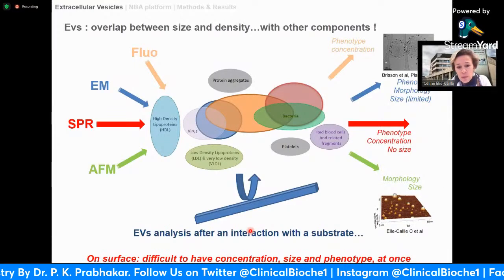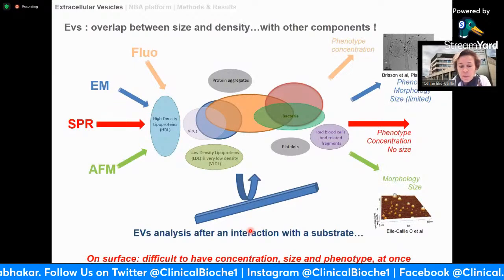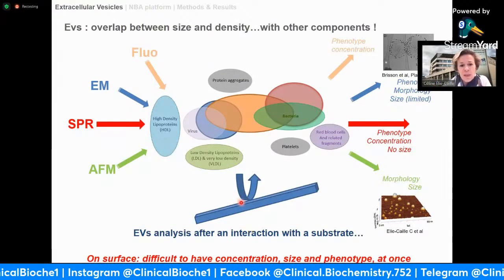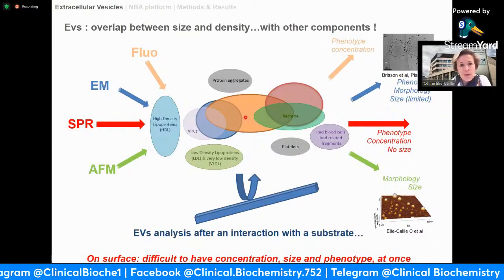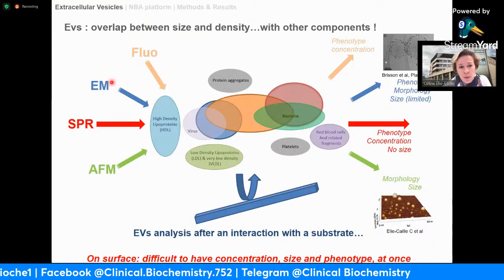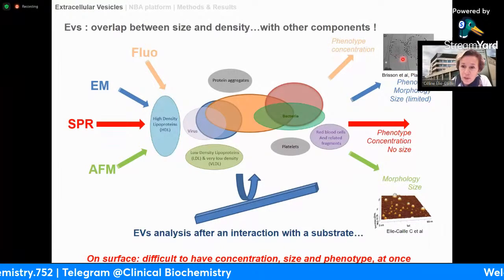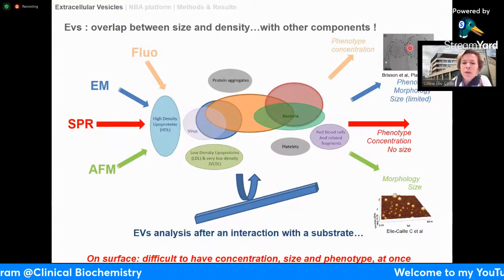You can also use different techniques involving a substrate, like AFM, as an example. Of course, you have electron microscopy that enables you to show that what you are working on are indeed vesicles. You can even label them with specific nanoparticles.